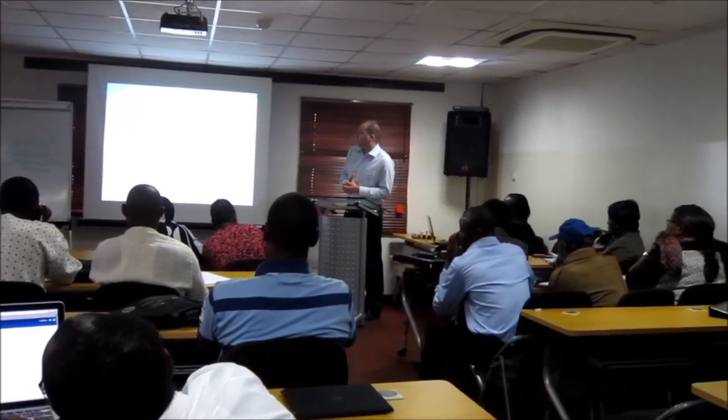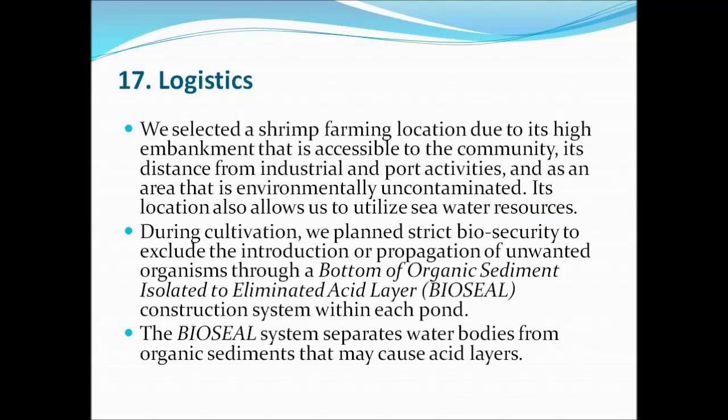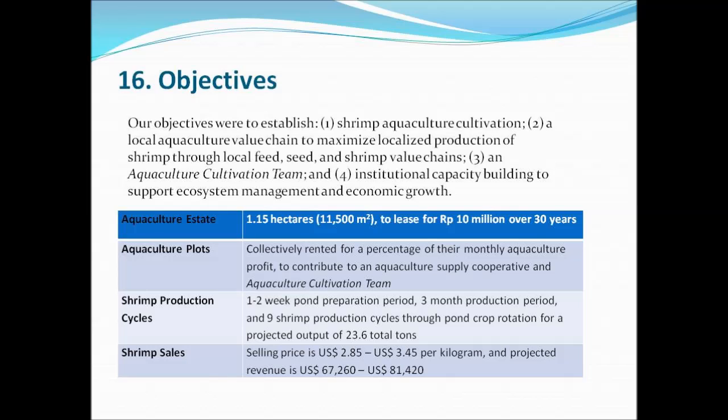So, like I said, you take the 1.15 hectares, split them up into separate ponds, and the goal was 9 shrimp production cycles over a period of 1 year. I mean, that's a goal. And then looking at our selling price, we were projecting a good revenue on this, and ideally create longer term white shrimp aquaculture farming practices to continue far beyond this single year.